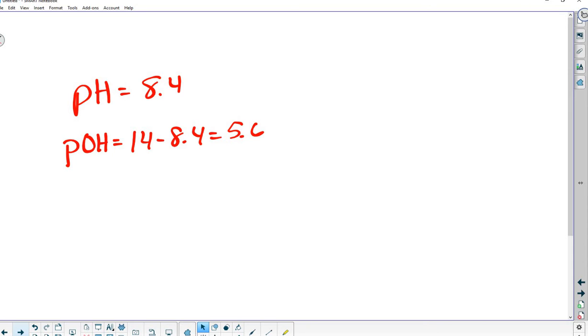Then you put it into the 10 to the minus 5.6, plug it in my calculator, and that would be the concentration of hydroxide. When you're finding concentration, you go here. Brackets mean concentration.